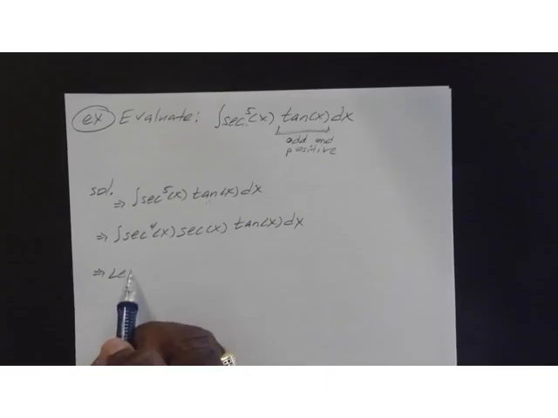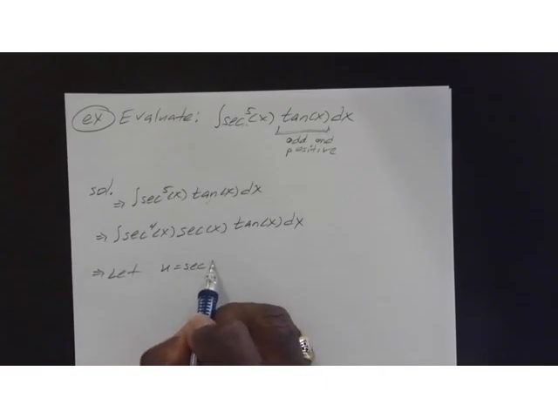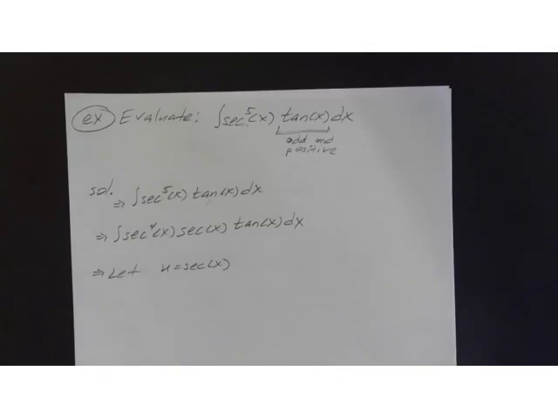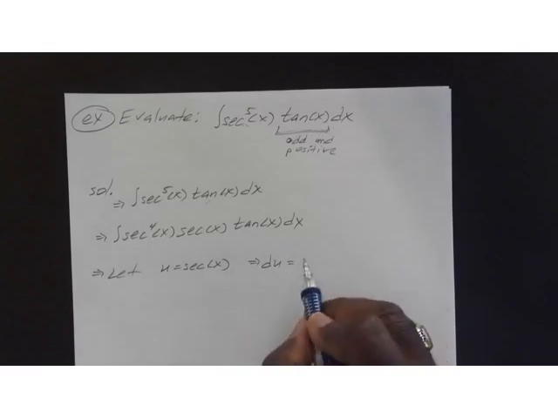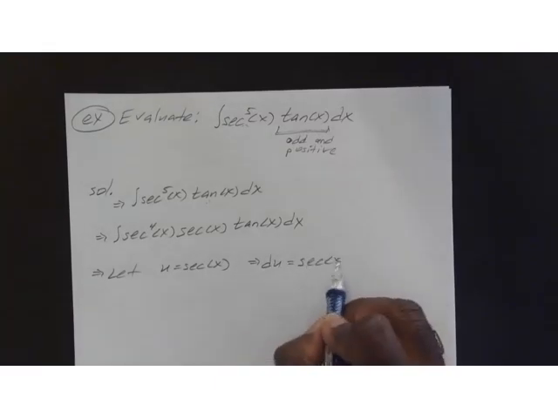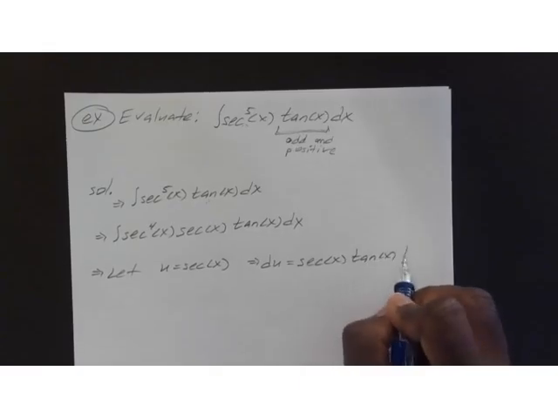Okay. So what if we let u equals secant of x? And we know the derivative of secant is secant times tangent dx.